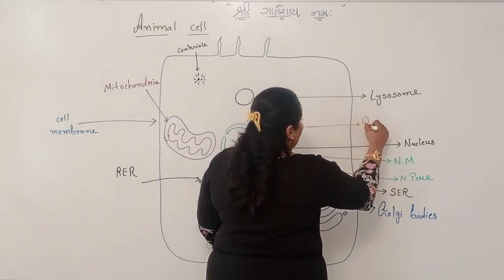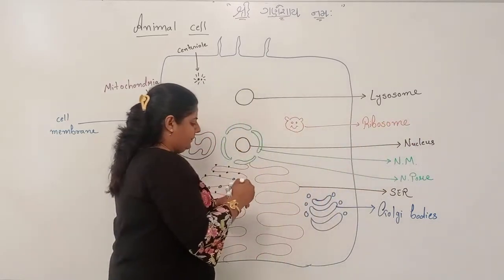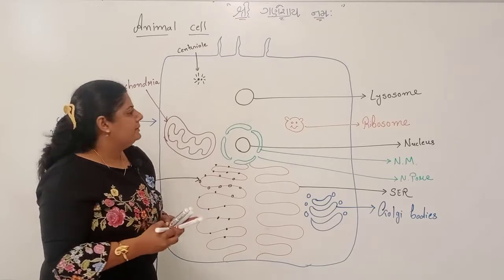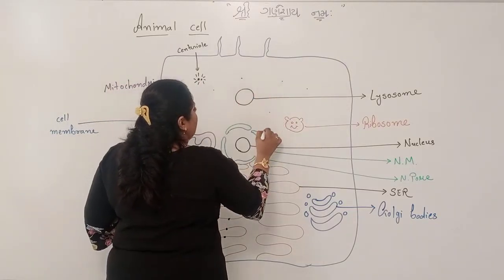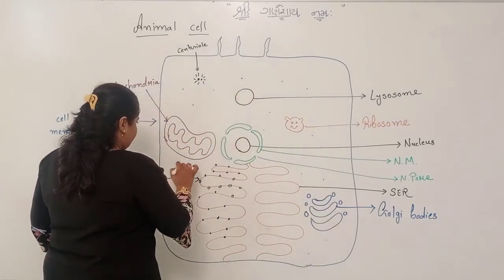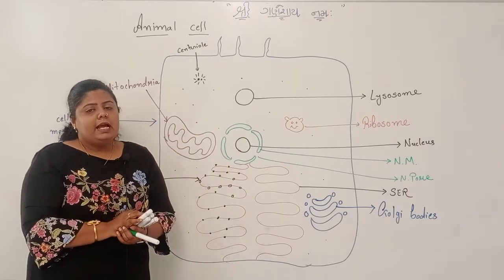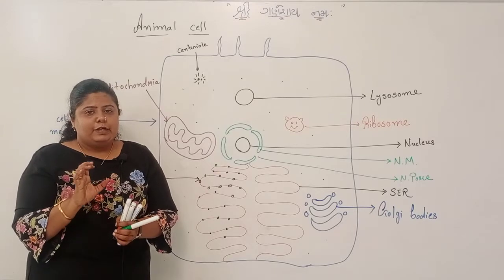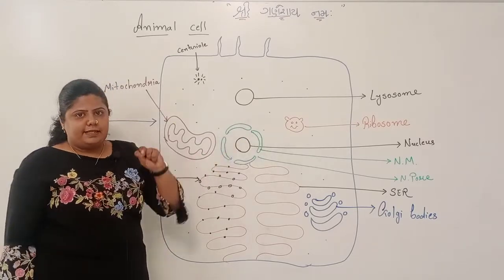And you know what the function is? Protein synthesis. So what is remaining? Cytoplasm, that provides surface area for various activities performed by the cell. Cytoplasm is a jelly-like material and it continuously rotates in our cell to perform its function. So this is the animal cell.